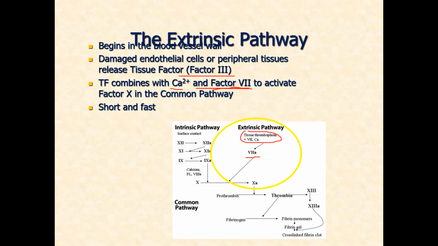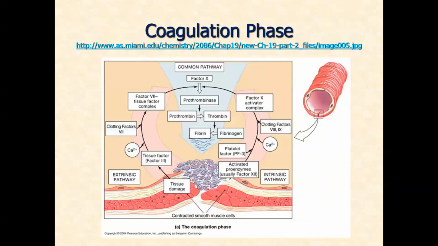Now this tissue factor, factor 7 complex, we can use it on this diagram here. So here we have the factor 3 from the damaged tissue. Remember, that's tissue factor. Here we have the calcium. Here we have factor 7. All of them combine to give you the tissue factor, factor 7 complex.